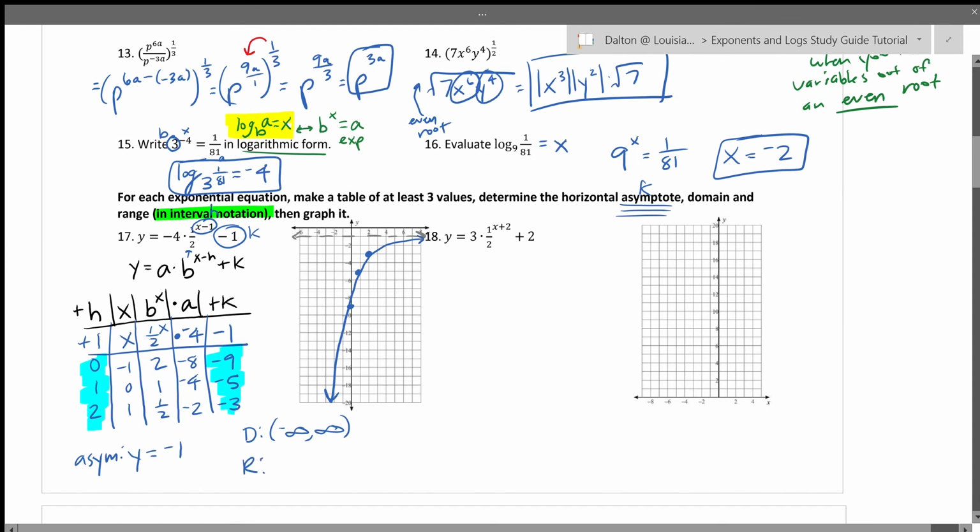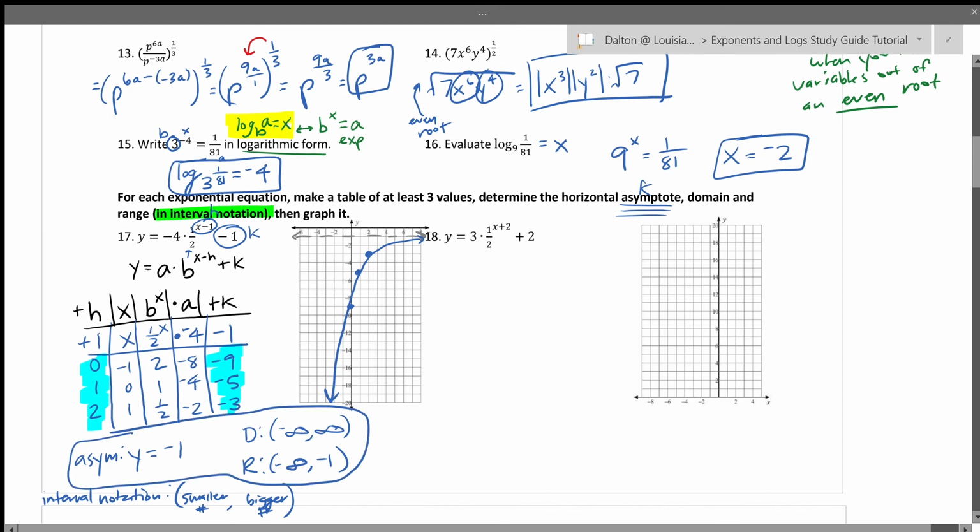For the range, you've got to remember, and guys, this works for any interval notation, you put the smaller number on the left, and then you go up to the bigger number, which is why for domain, it's -infinity to +infinity. For the range, my graph is going down all the way at -infinity, and then it's going to level off at -1. Well, -infinity is smaller than -1, so that's why I've got to put -infinity first. And so these three are the attributes of the graph that I'm looking for.